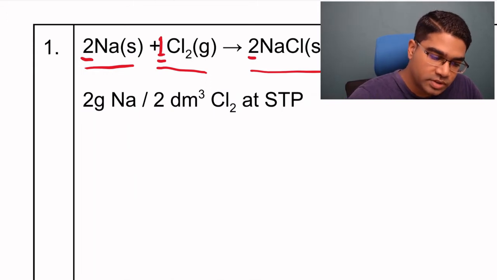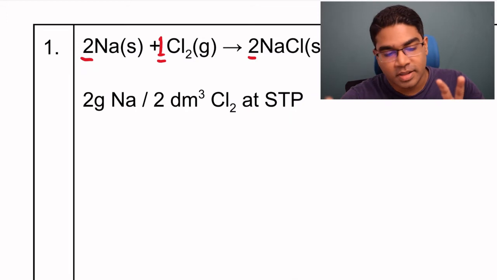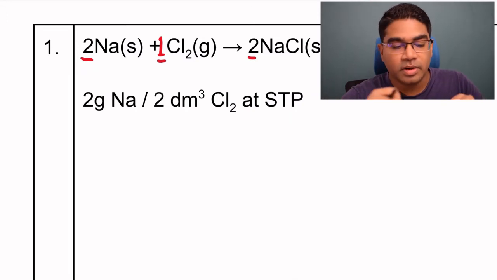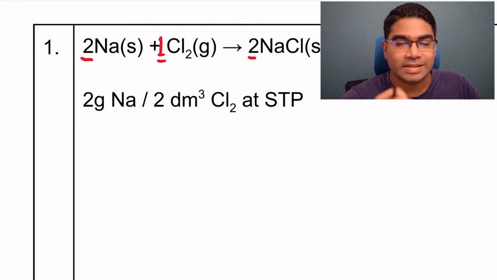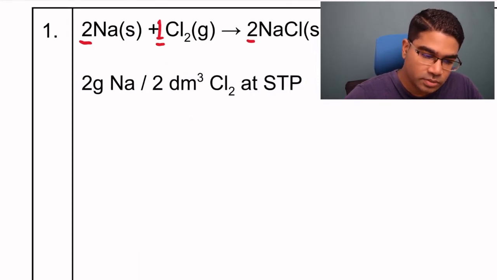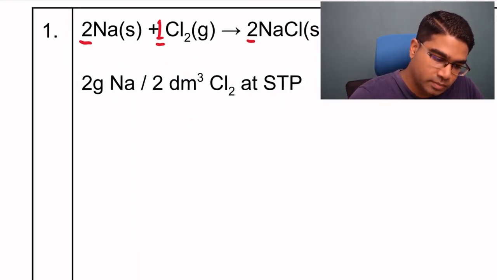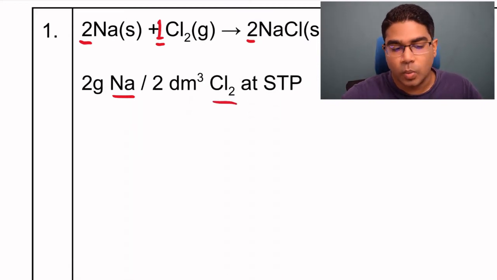And we are going to use this mole ratio, this general ratio of reaction. Then we are going to put in our specific number of moles and figure out which is in excess and which is the limiting reagent. Now let me show you what I mean. So first we start with the mole ratio of sodium to chlorine. So the question here is to find out which reactant is in excess.